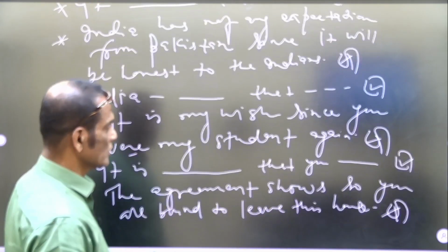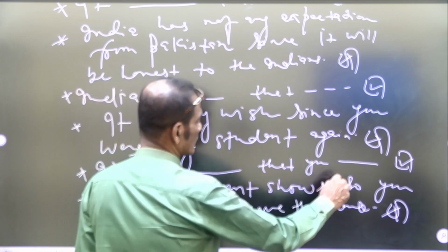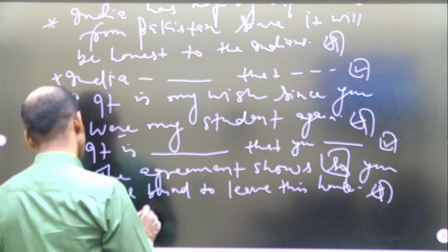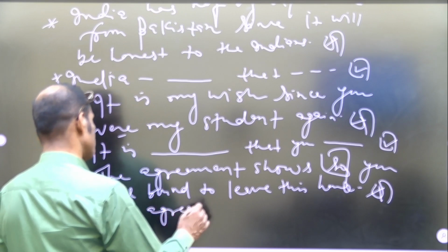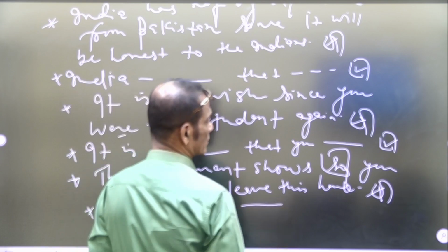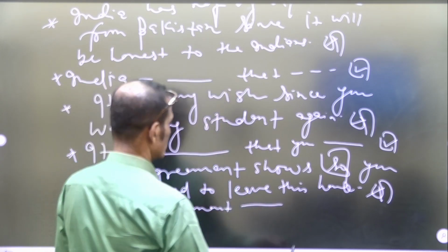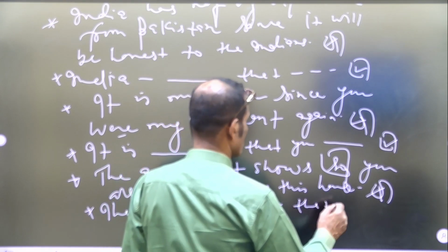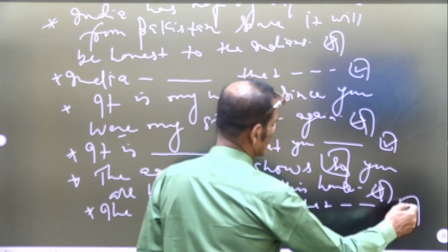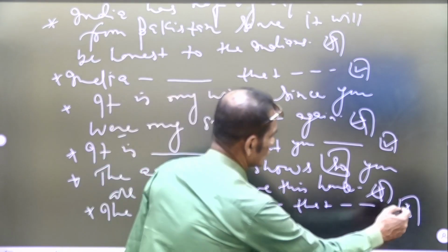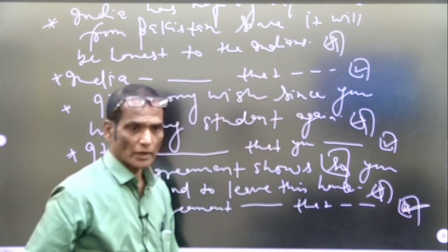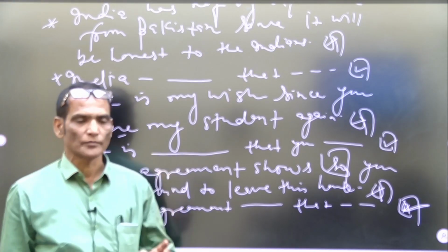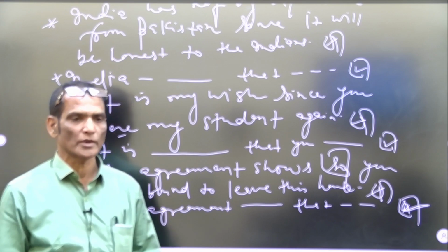Actually here it should be that. The agreement shows that you are bound to leave this house. Sorry, this one is correct. So dear, I have shown you so many correct uses, and so many incorrect uses.